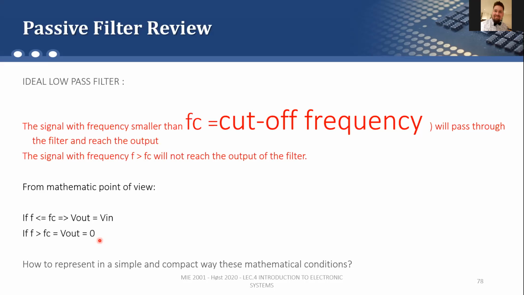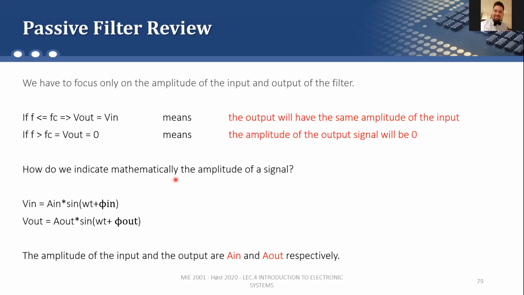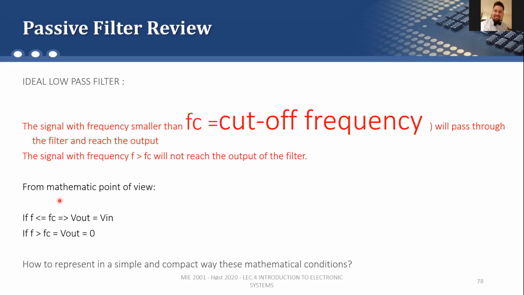But very often graphical representations for design are much easier to use and faster to achieve the purpose, which means to realize the device. So let's have a look at how to create a graphical representation for this condition that you wrote. Again, these are the conditions for an ideal low-pass filter.